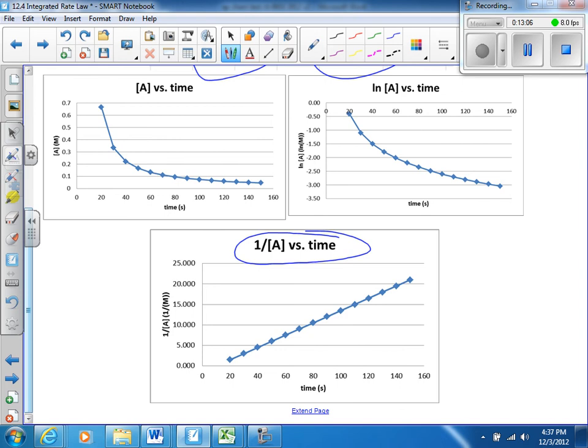And so if this plot gives a straight line, the reaction must be second order in A. And I could calculate the slope of that line, and the slope of that line is the specific rate constant, positive k.